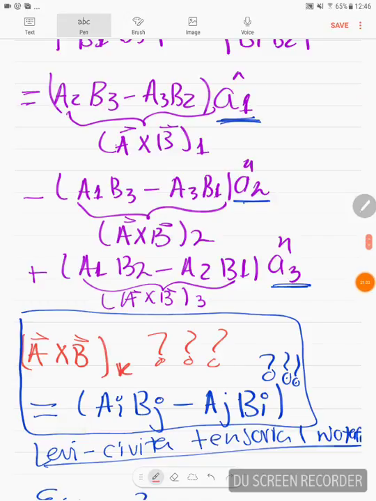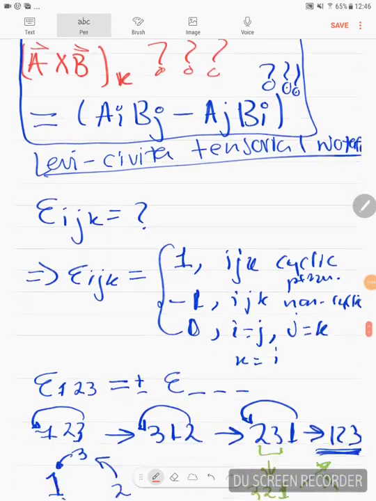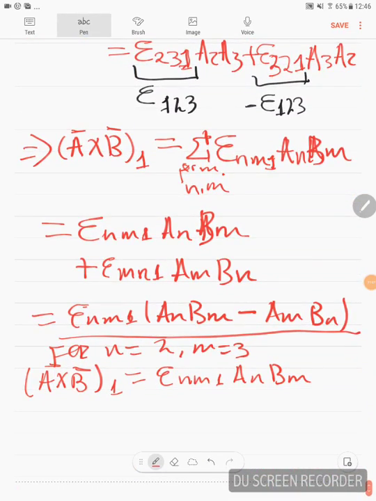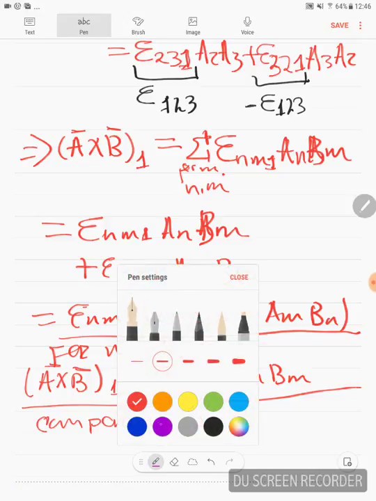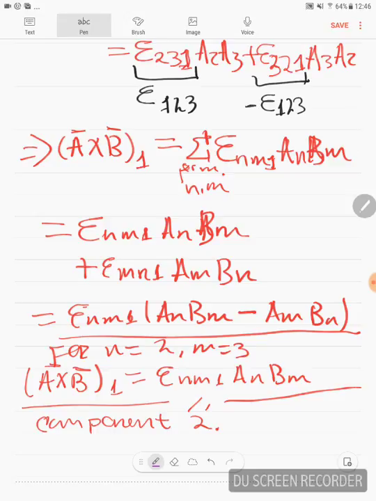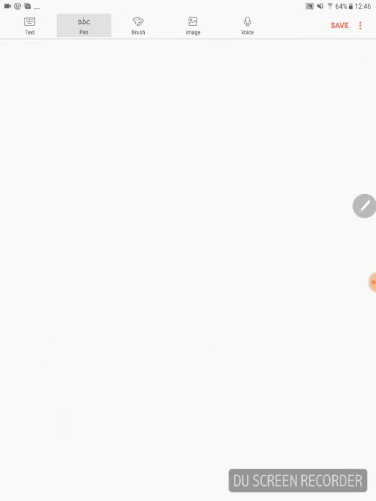Let's try to just elaborate somewhat on that. So then component 2.